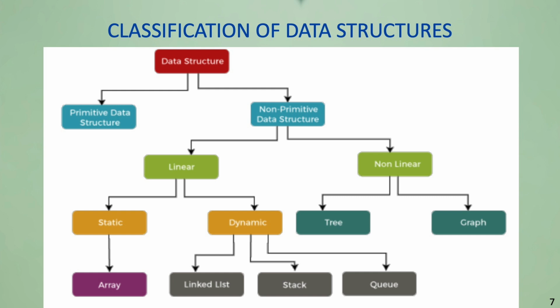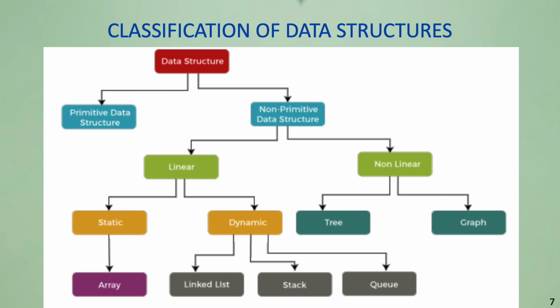For instance, an array is an example of a static data structure. When we reserve memory for an array at the time of initialization in your program, the memory allocation is fixed and we cannot alter the size of the array once it is defined.